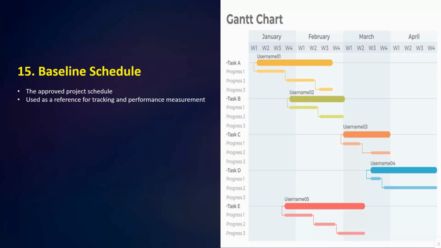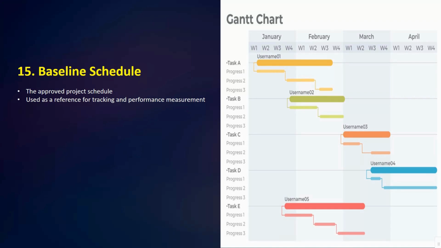Next, we have baseline schedule, the approved project schedule used as a reference for tracking and performance measurement. So finally, you can see baseline schedule. This is actually the approved project schedule, which becomes the main reference point for tracking progress and measuring performance.